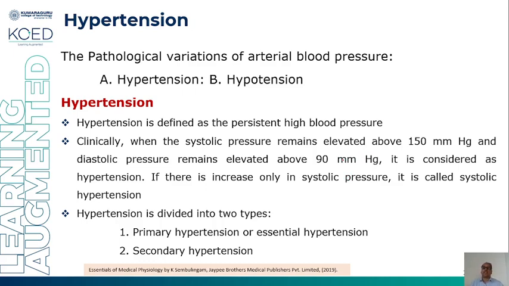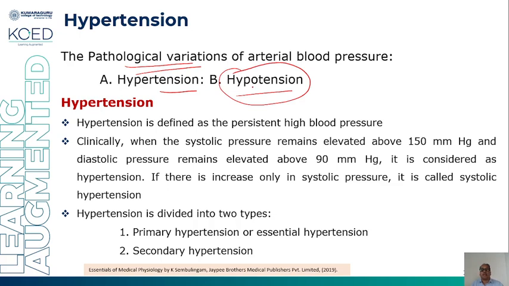So what happens when we fail to monitor and regulate arterial blood pressure? When somebody says blood pressure, it denotes only arterial blood pressure. It leads to two important pathological variations. One is hypertension, another one is hypotension. Out of these two, hypotension is a medical emergency.